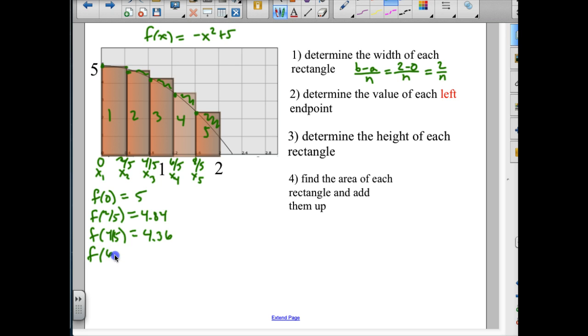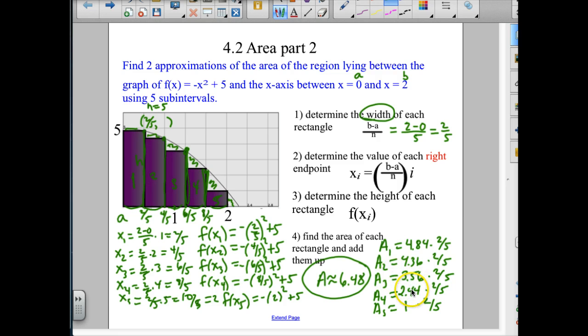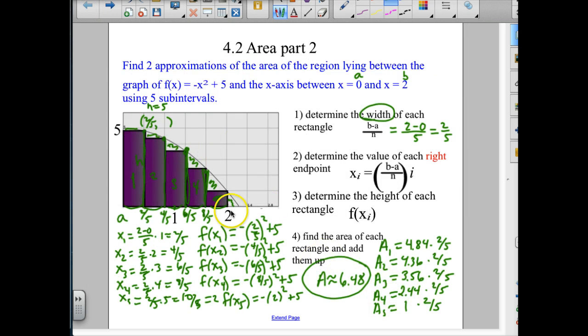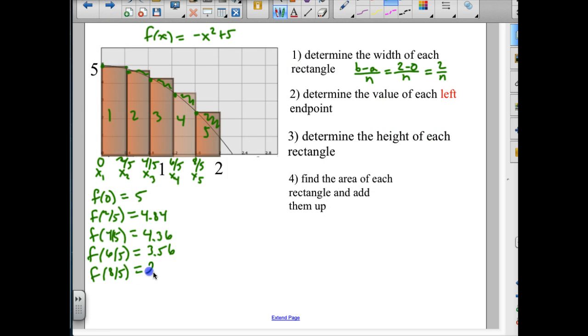F of 6/5 is 3.56. And the last one we need is f of 8/5, which is 2.44. So we already did most of that math. And then for our area, we will multiply the height times the width of each rectangle. And the width again stays the same.